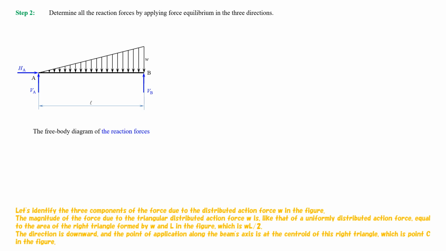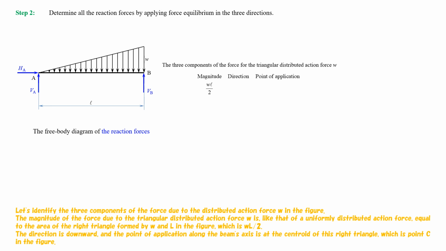Let's identify the 3 components of the force due to the distributed action force W in the figure. The magnitude of the force due to the triangular distributed action force W is, like that of a uniformly distributed action force, equal to the area of the right triangle formed by W and L in the figure, which is W multiplied by L, and divided by 2.